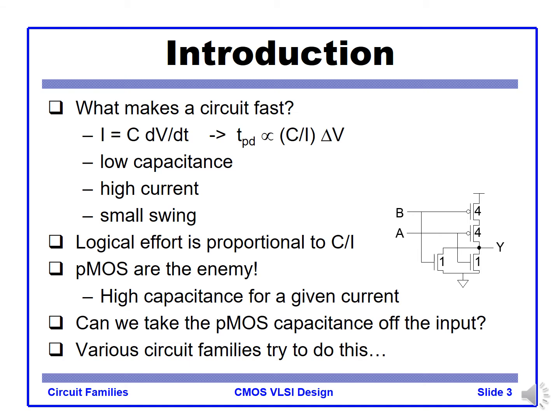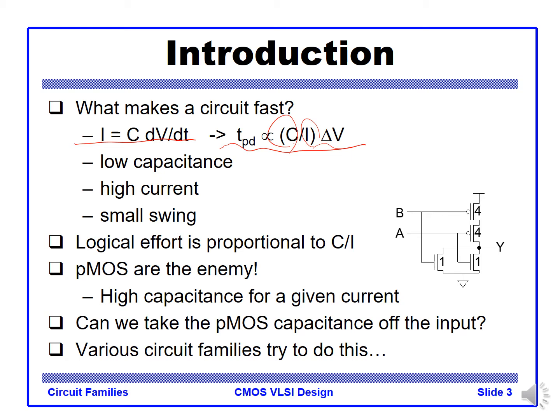So what makes a circuit fast? We know that current equals capacitance times dV/dt. In a digital circuit, our load is always capacitive, so we want to drive the capacitance faster. The delay is proportional to C times delta V over I. If C is large, delay is larger. If current is large, it becomes faster.